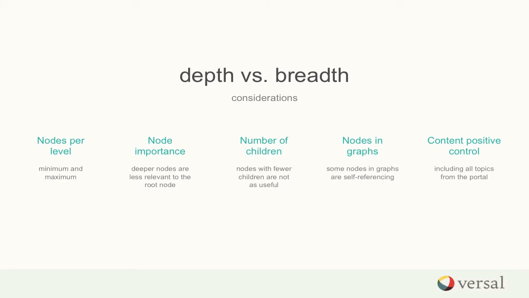Let's say we have a subcategory that has only 2 or 3 nodes. That is not sufficient for us to make it a category. You go in there and it's very sparse. There's not much to look at. Okay? If there are, however, a lot of different nodes in that same category, we want to either split them up into other categories so that you're not overwhelmed with too much. So we cap that at a certain number.